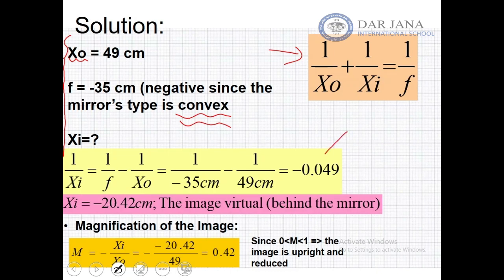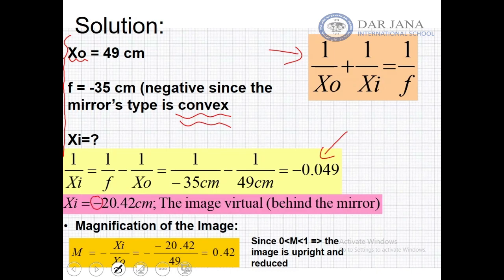So finally this one, negative 0.049, and don't forget to do the reciprocal. So finally, after we did the reciprocal, Xi will be negative 20.42 centimeters. So the image in this case is virtual, behind the mirror, inside the mirror, since it's negative.